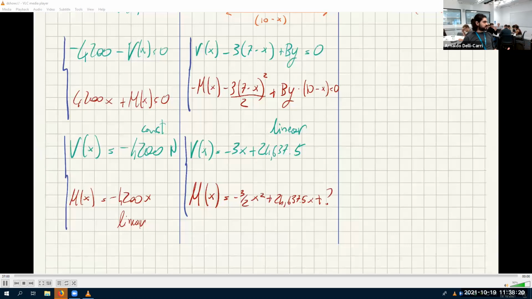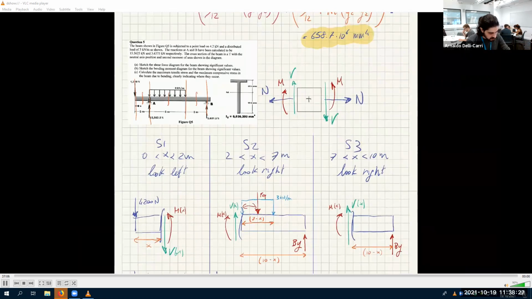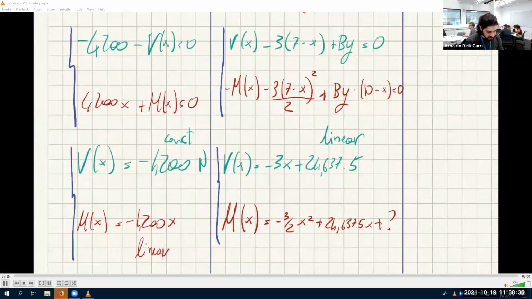That something must be the constant of integration, which I don't know, but I can find out because I know that the moment here is 0. No, the moment there is non-zero, so it's not easy to find.